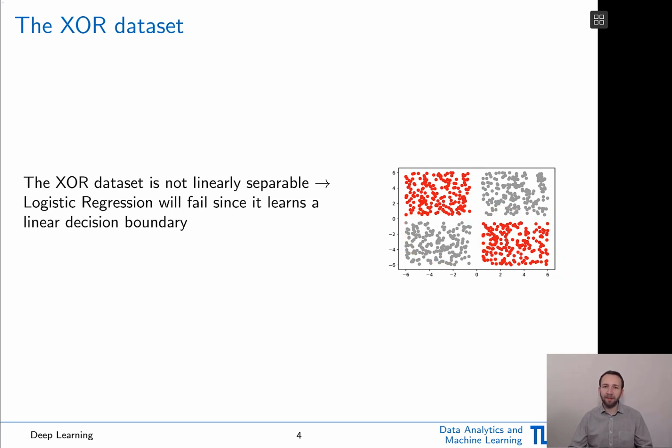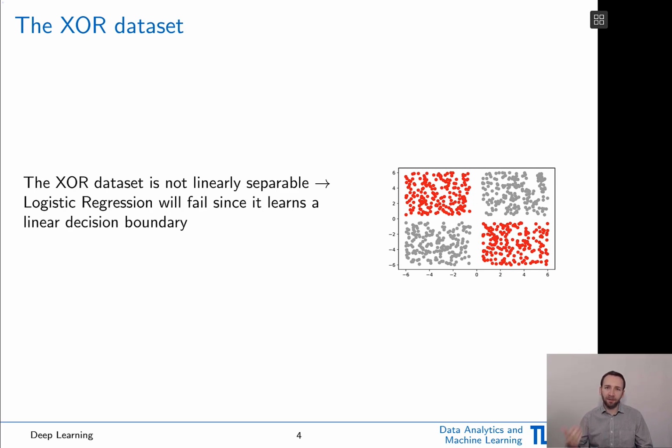And what we can clearly see is that we can't linearly separate this data. So remember, what does linear separation mean? It means we can find a hyperplane which separates these two classes perfectly. And here you see that whatever hyperplane we pick, so in the 2D case it's these lines, we cannot find a perfect classification. So this data set is not linearly separable.